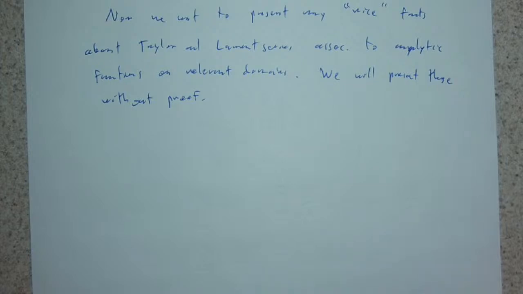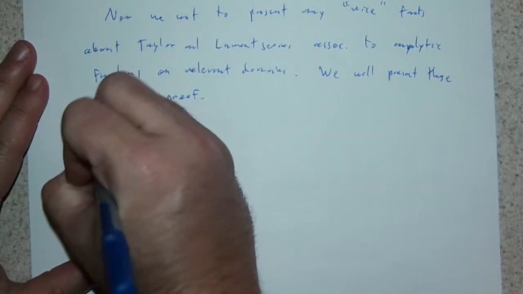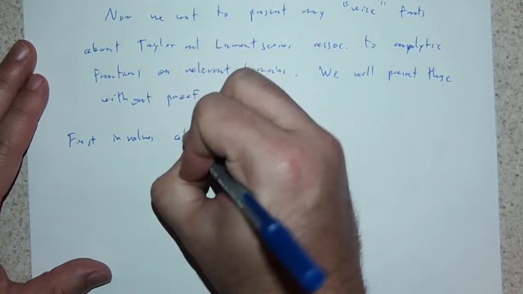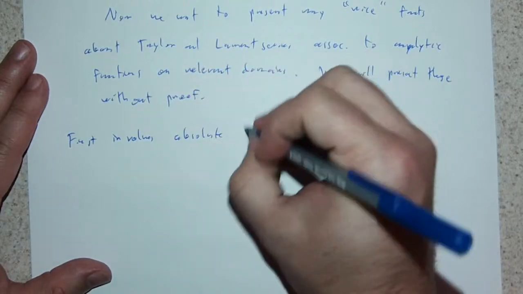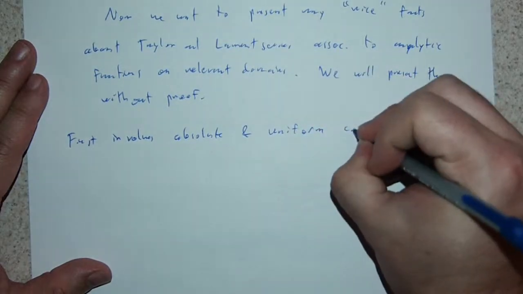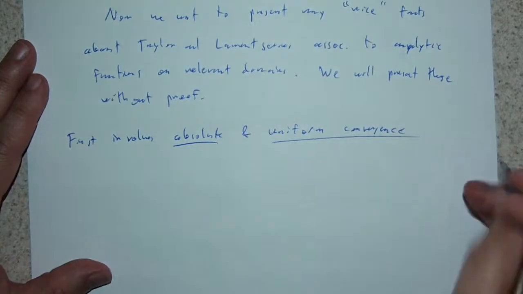All right, so what is the first thing that I want to talk about? The first involves absolute convergence and uniform convergence. Absolute convergence you know about. You might not know about uniform convergence. So let's break these down first of all.